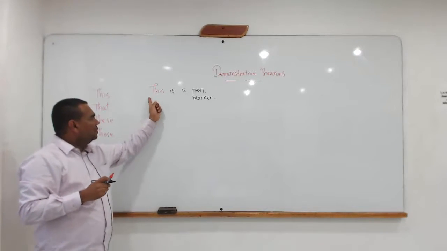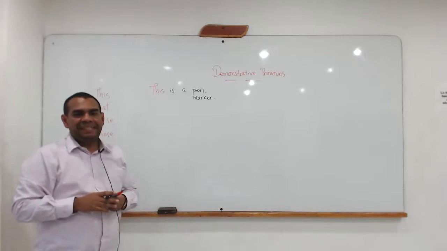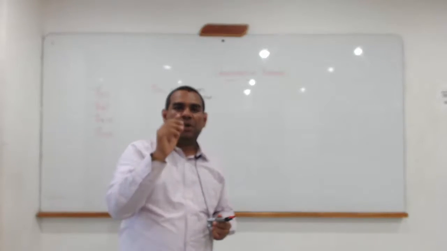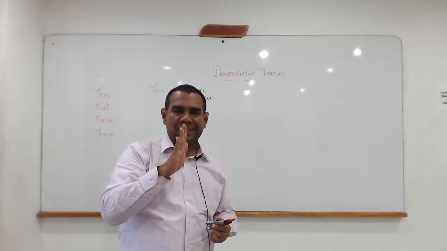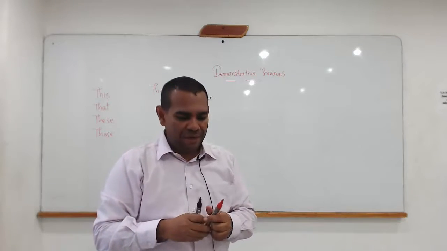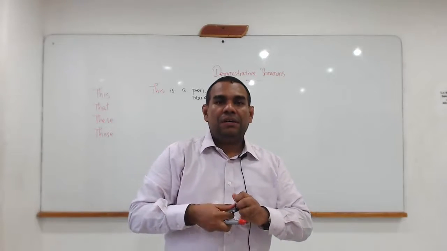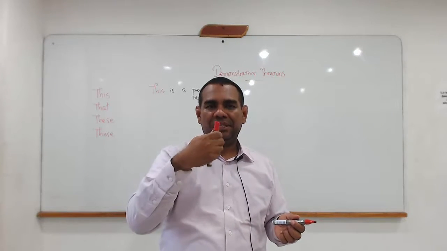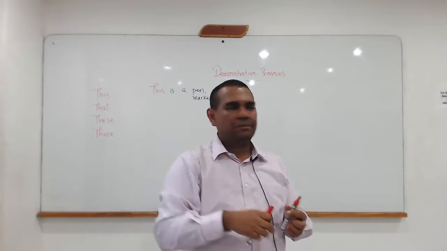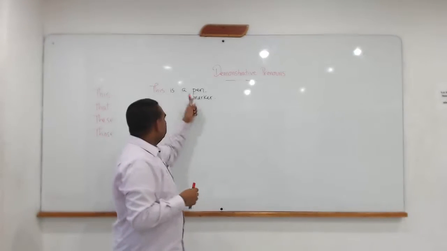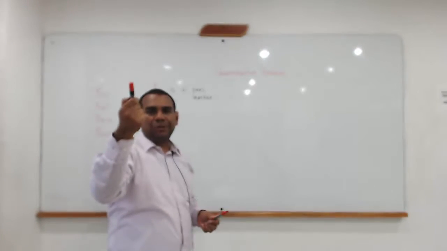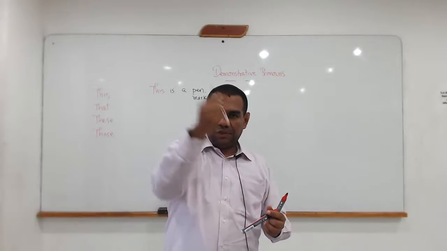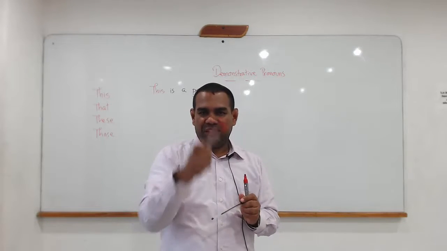Over here, we are indicating that we are talking about one item, so it is singular, and the thing is, with respect to us, very, very near, okay? So this is a pen, and this is a marker.